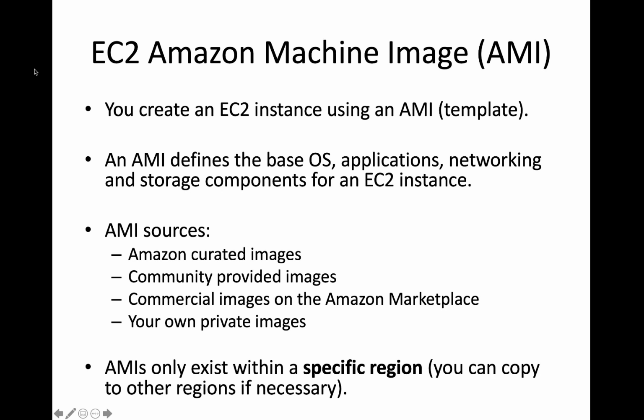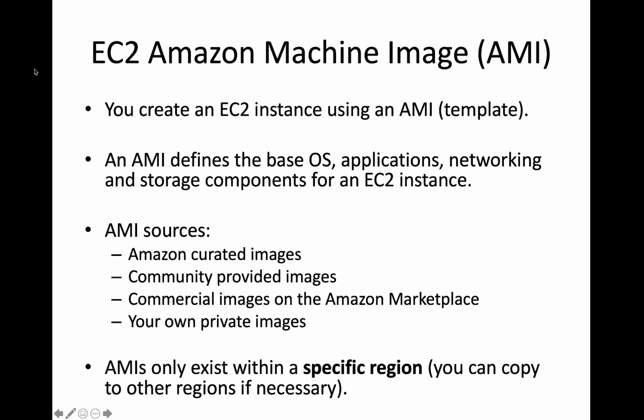EC2 is a regional service. So when we create an EC2 instance, as we'll see here shortly, that instance only exists within a specific region. And actually it goes beyond that. That instance only exists within a specific availability zone within a region.